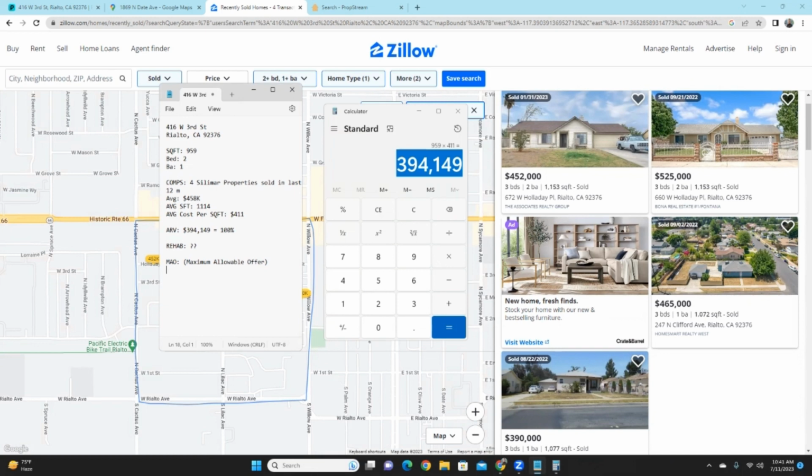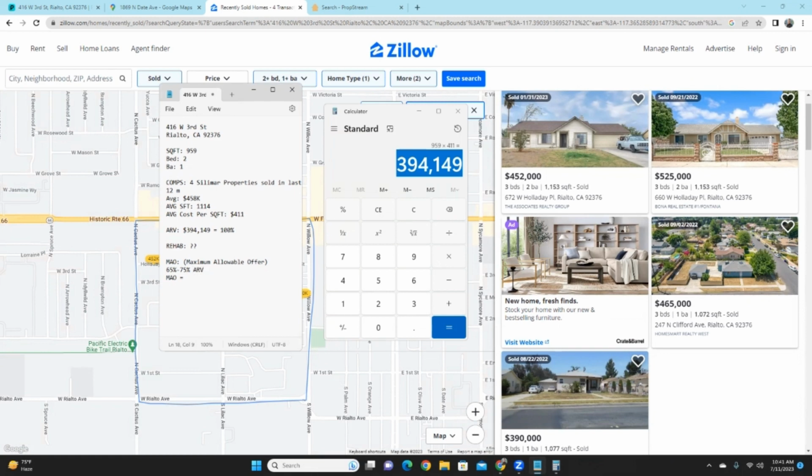The average investor is gonna be between 65% and 75% MAO. I'm sorry, they're gonna be 65 to 75% of the ARV.